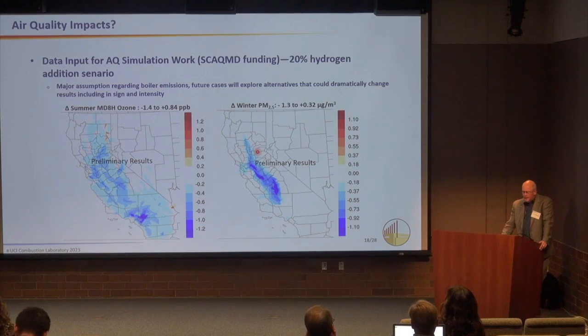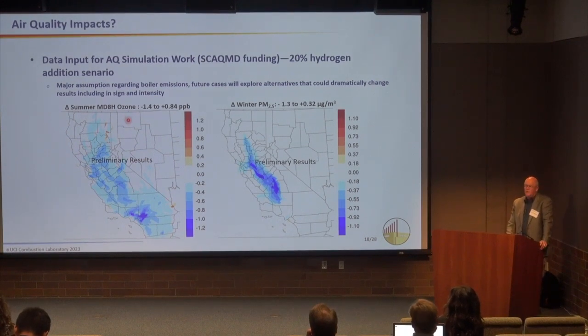What happens to the air quality? Well, we can take all of these measured results and the trends in terms of the NOx emissions, and we can try to translate that into what happens in the state to the ozone levels.